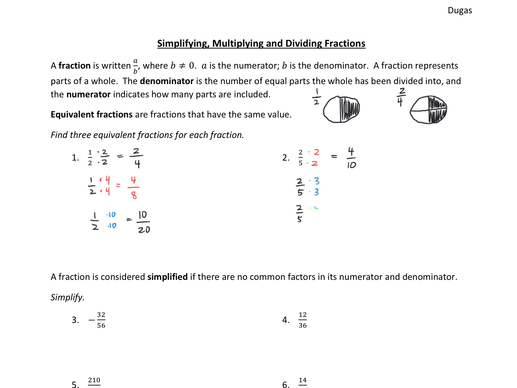And I pick 4. So 2 times 3 is 6. 5 times 3 is 15. 2 times 4 is 8. 5 times 4 is 20. So 4/10, 6/15, 8/20, 2/5, those all are equivalent fractions. They all represent the same part of the whole.